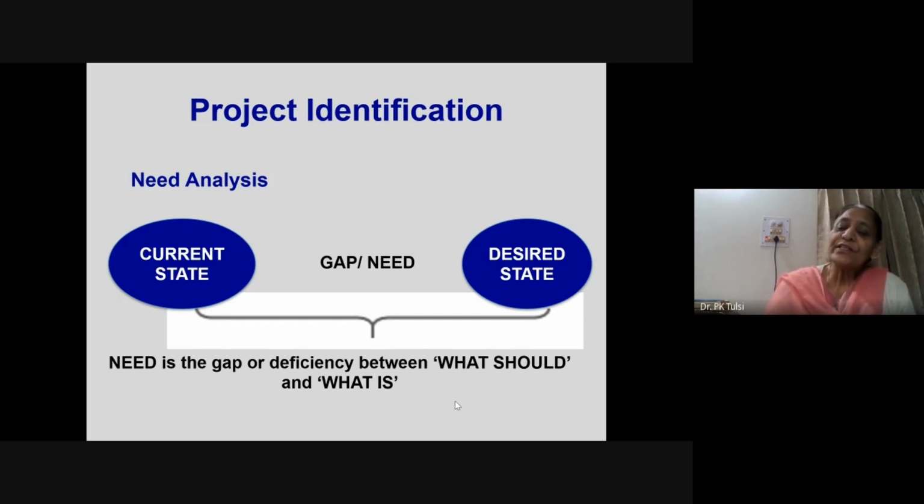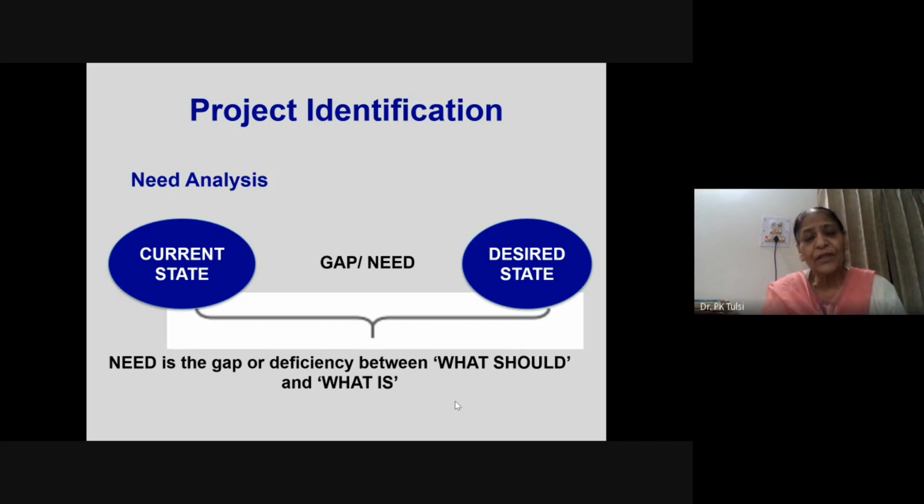Which institution doesn't want the curriculum to develop those competencies which are expected of the graduates by the industry? Whether the curriculum has the latest technology, latest courses, and the employability of the students increases.